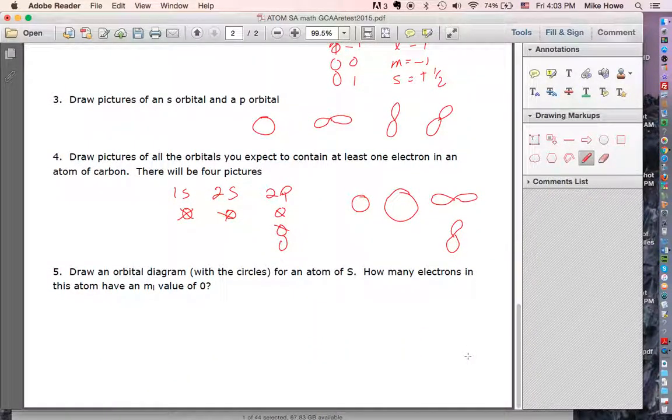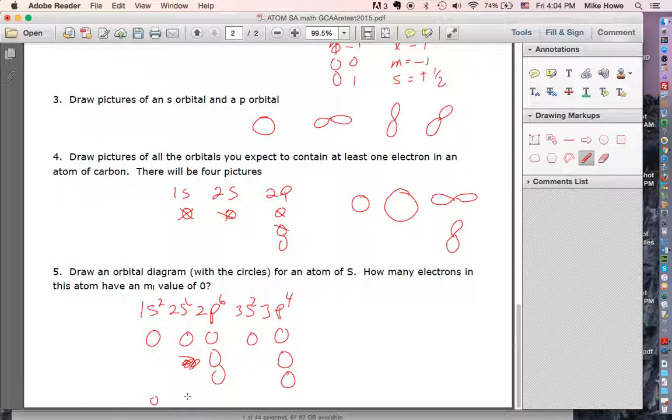Okay, now the last one, an orbital diagram for an atom of sulfur. So sulfur has 16 electrons, so it'll be 1s2, 2s2, and I'll come back and put the orbitals in just a second. That's 16 electrons. Now if I put the orbitals in, there we go. Alright, so here we have, if I do our quantum number values, this is n equals 1, L equals 0, so this orbital m has to equal 0.